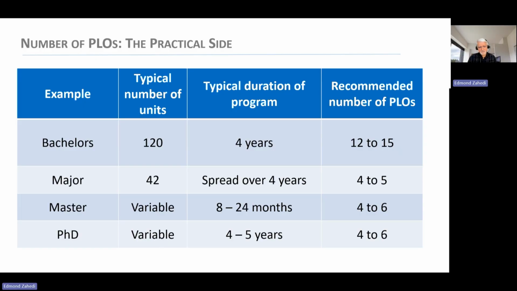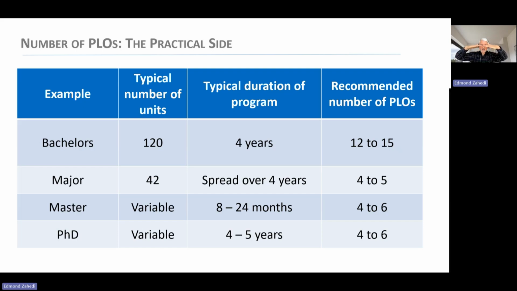For the other types, let's say master's and PhDs, we tend to hover between 4 and 5, or 4 and 6, depending on the case. I have also a master program which came up with 3 PLOs, because they said these are the 3 main areas that I want. Please remember, a PLO, program learning outcome, is different from a course learning outcome.